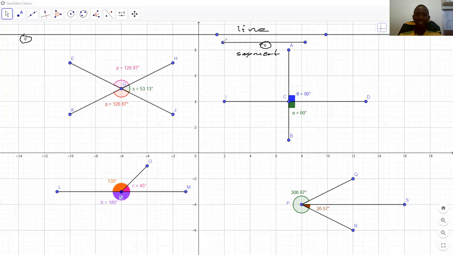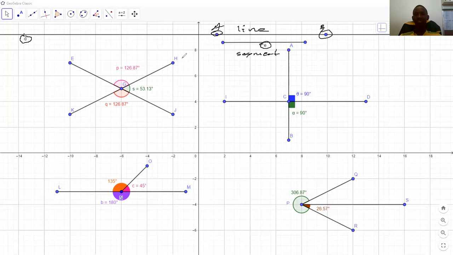So what is the difference between a line and a segment? Well, a segment has a starting point and an ending point, whereas a line has actually infinitely many points on it, okay? As you can see, in this case, line D has only 2 points there, okay? I've not labeled them in this case. They do have labels. You could label this one A, you could label that one B, okay?